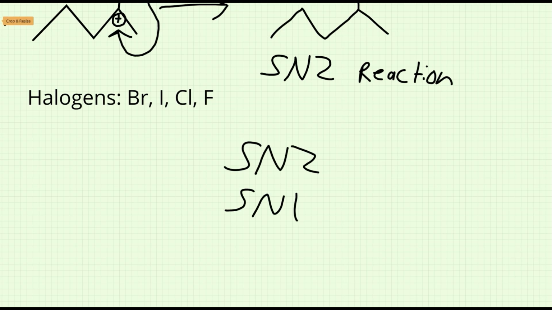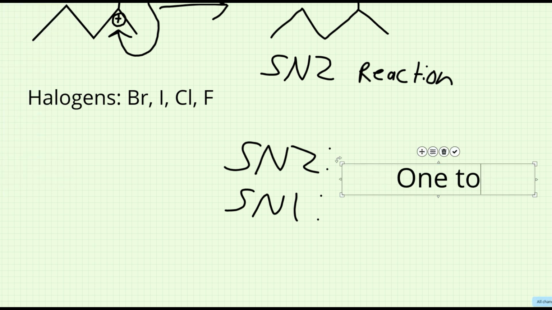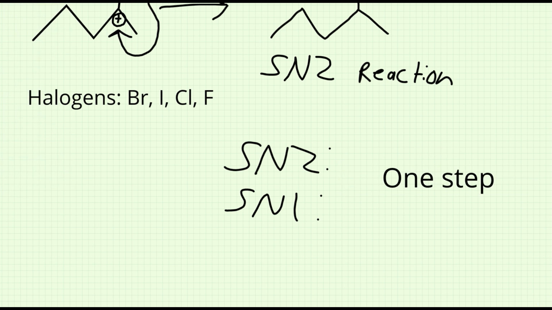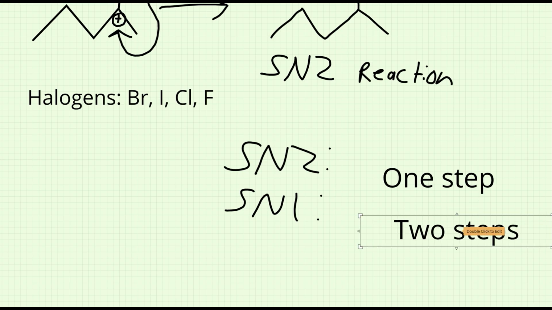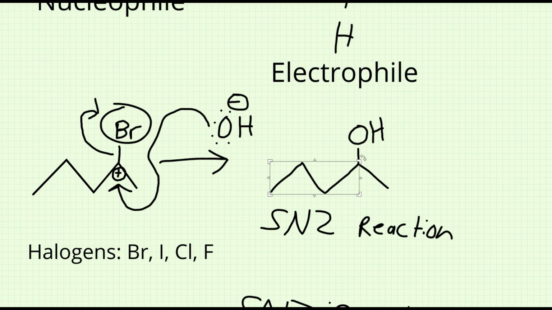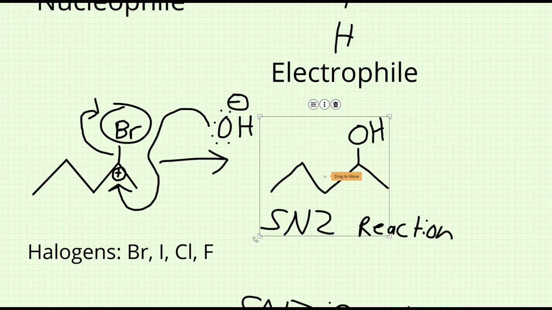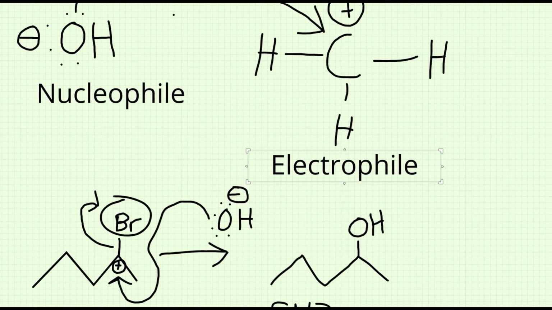The easiest way to think about SN1 and SN2 is that SN2 occurs in one step, while SN1 occurs in two distinct steps. So bromine leaves, and OH immediately takes its spot. It says, let me be in there. The second bromine leaves, OH is already there, already replacing it. And there we go.